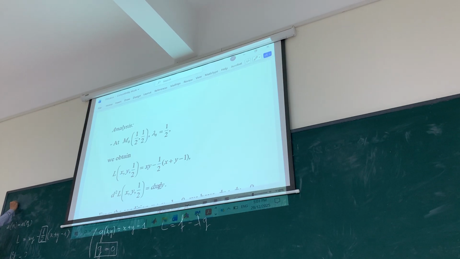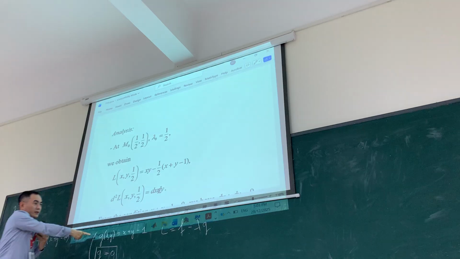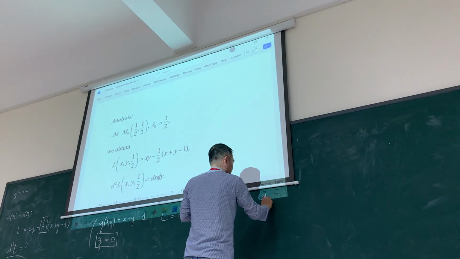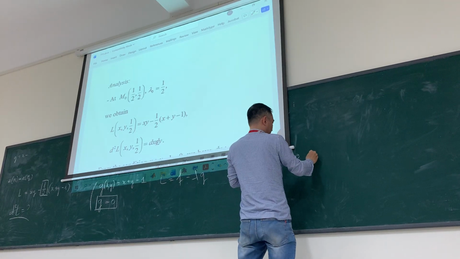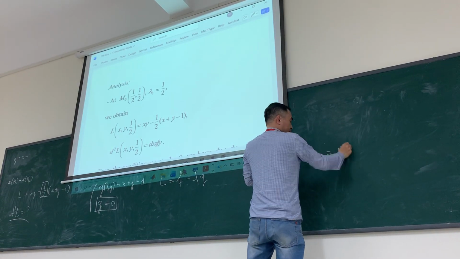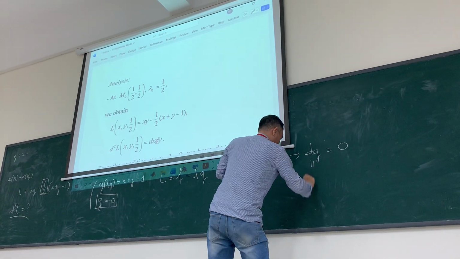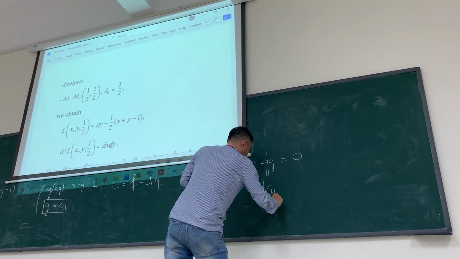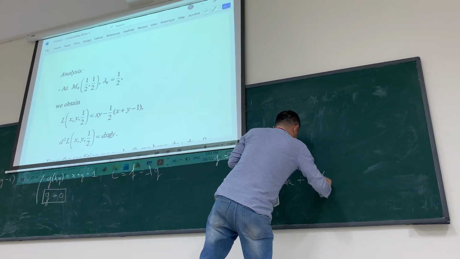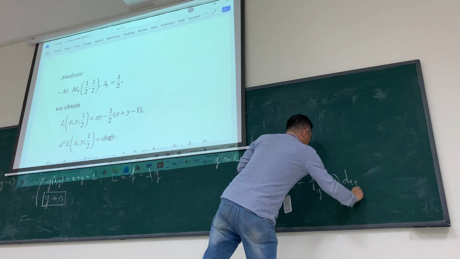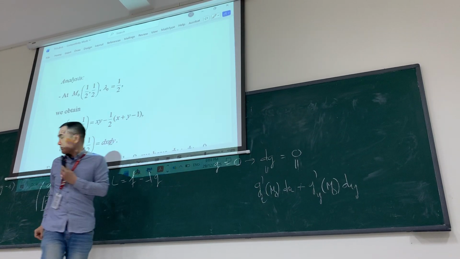Now, you can see z is equal to 0 here. We can imply dz equals 0. dz is z prime x at M0 dx plus z prime y at M0 dy, which is equal to 0.